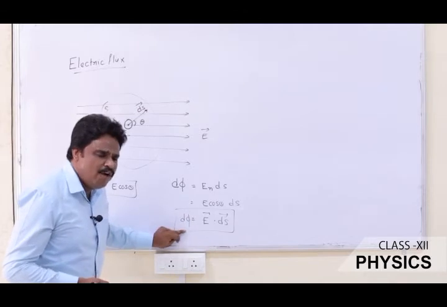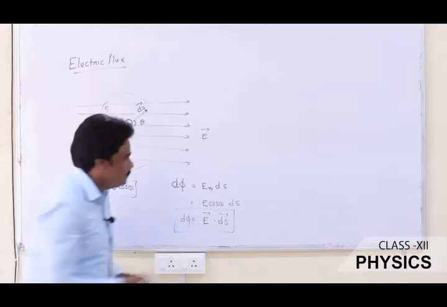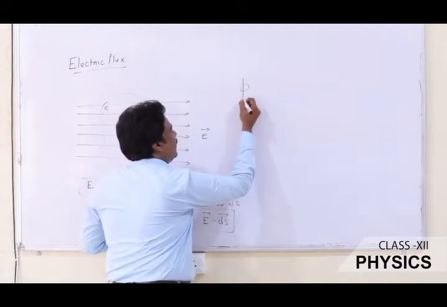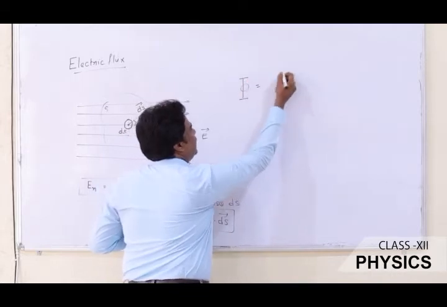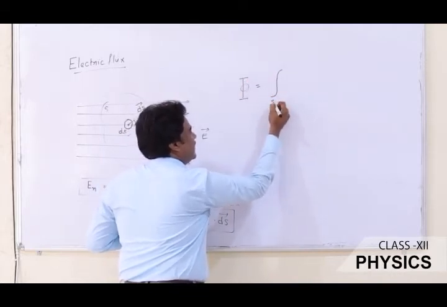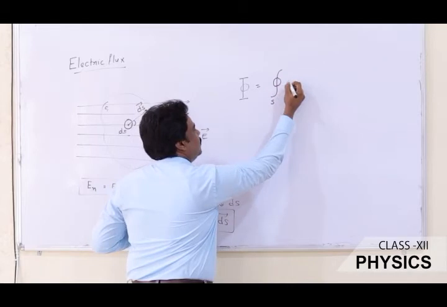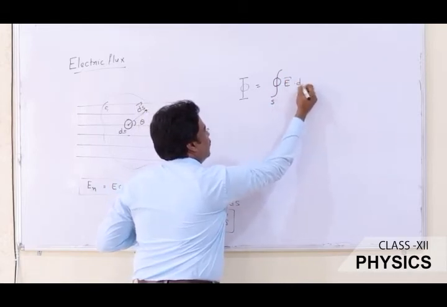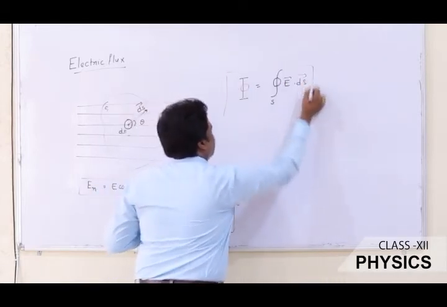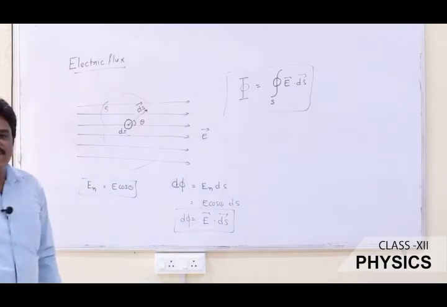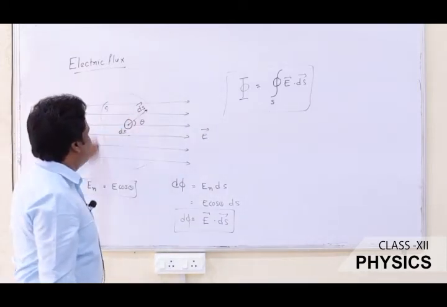Obviously this is the small flux linked with the small area element. So what about the total flux? I am going to mark it like this. It will be the surface integration over the closed loop of E vector dot ds vector, and this becomes the expression for the total flux linked with the entire surface area.